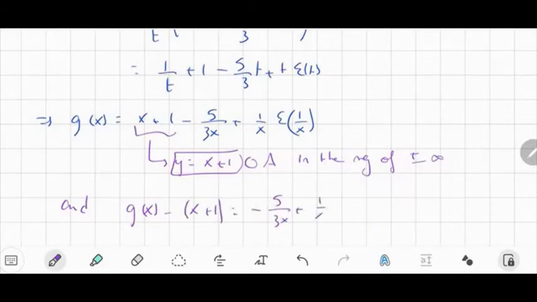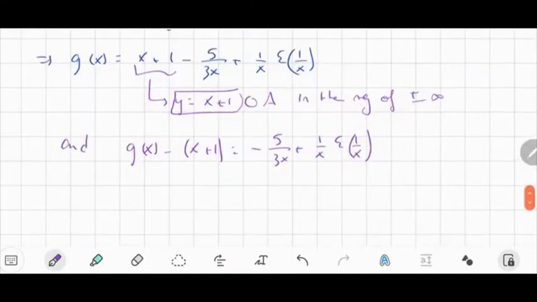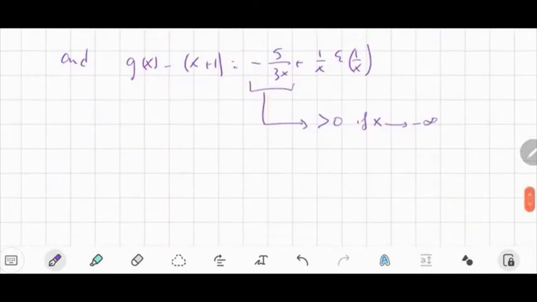And since g of x minus x plus 1 is equal to minus 5 over 3x plus 1 over x epsilon of 1 over x, if we look at this term, we can see that it's positive if x goes to minus infinity.